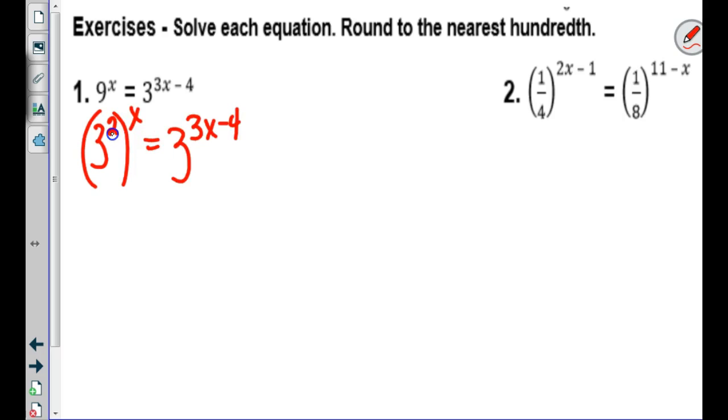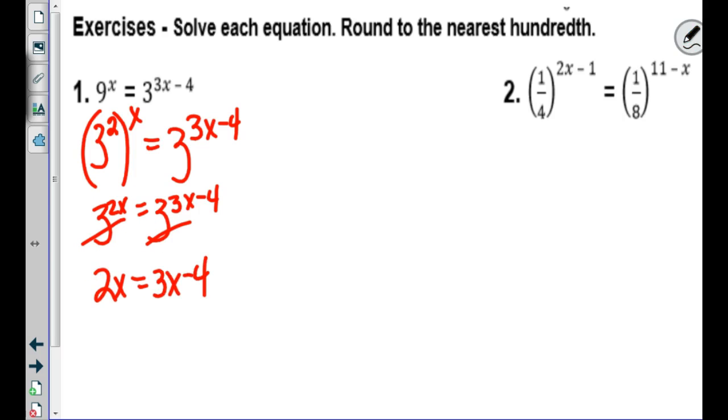Yes, this becomes a 3 to the 2x equals 3 to the 3x minus 4. So then we can get rid of the base because they're the same. If I subtract a 3x off each side, I get a negative 1x equals negative 4, so x equals 4.